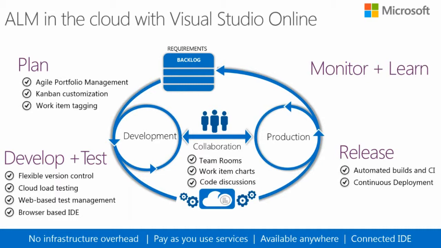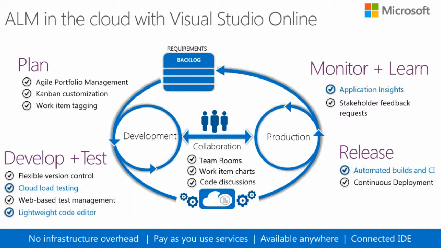We also help you out with the release part of your ALM process. So for example, automated builds with our build service, and then ultimately deploying those to Windows Azure. And we'll talk a little bit in a minute about how we'll also help you monitor and learn about your application.